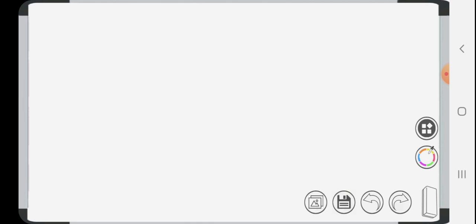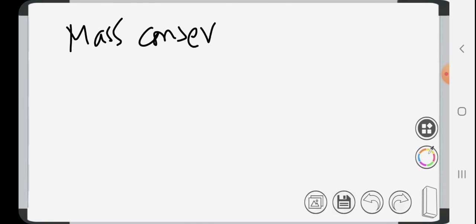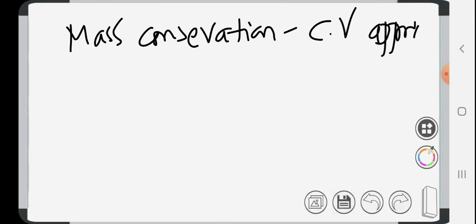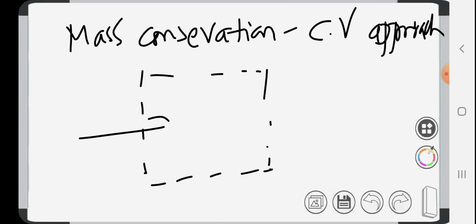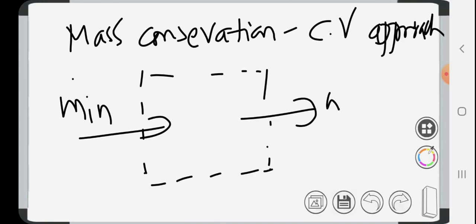Now, how will you define mass conservation in the control volume approach, the CV approach? If you are taking a particular control volume, there may be mass input, and mass output, right?